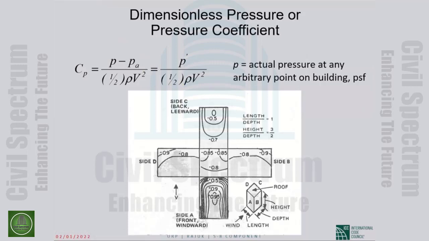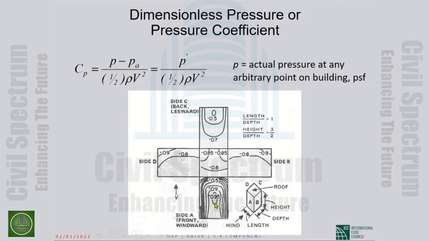So when we say pressure coefficient, that's what we mean. This P prime is what we typically refer to as wind pressure, pressure above ambient, at any point, divided by the stagnation pressure, 1/2 rho v squared. So at the stagnation point, it is equal to 1.